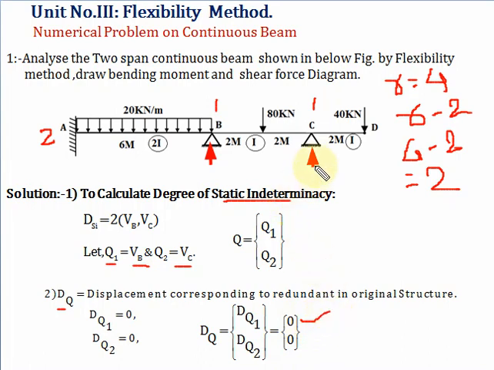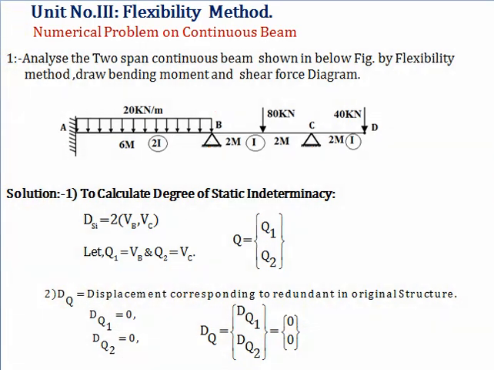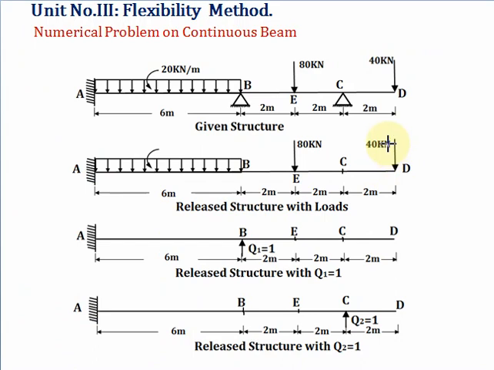At support C also, as there is no spring support or sinking of support given, DQ2 will be equal to 0. So DQ matrix will be 0, 0. So here we have found out the degree of static indeterminacy, and also we have found out the DQ matrix.